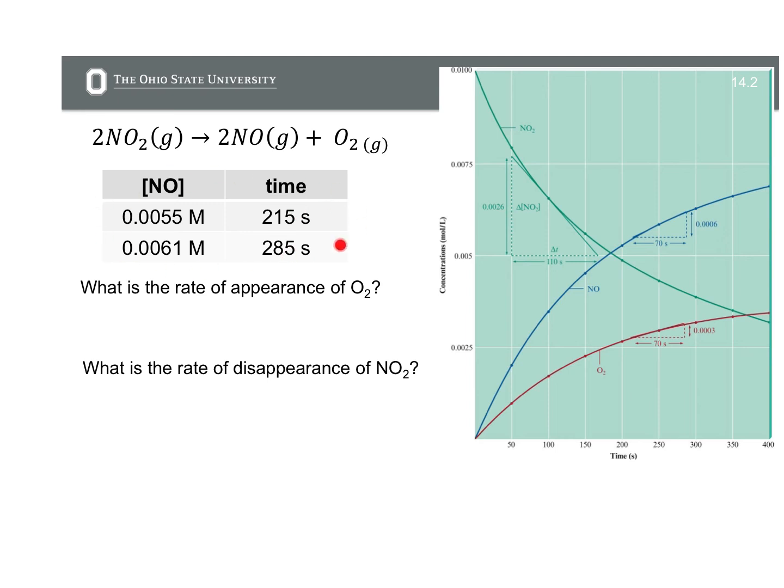Given this data, we're going to answer these 2 questions. Over this time period, what is the rate of appearance of O2? And over that same time period, what is the rate of disappearance of NO2? To help out, I'll put this. You will not be given this equation, I'll tell you that.